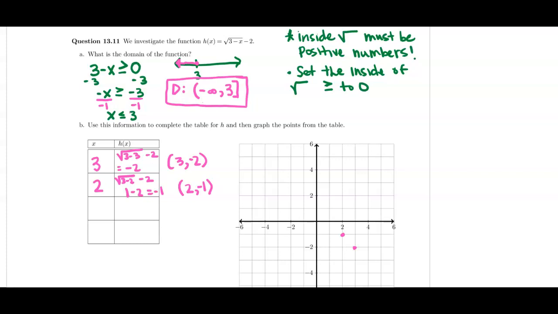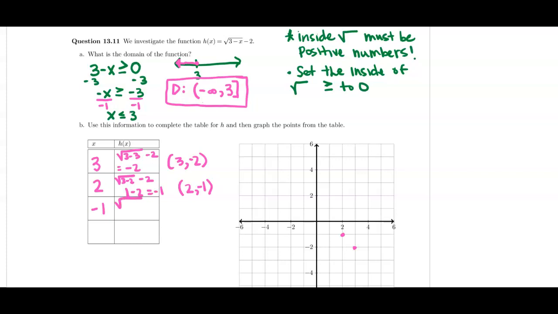So what if I did negative 1? If I put negative 1 in there, 3 minus a negative 1 is actually telling you to add it. Minusing a negative. And so that would be the square root of 4, and that is a perfect square. So let's try that one next.